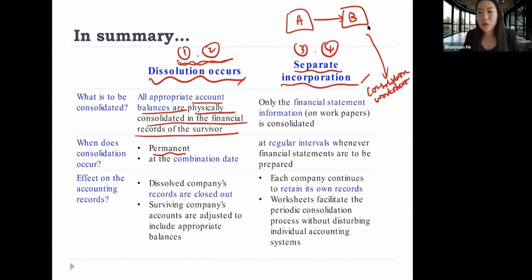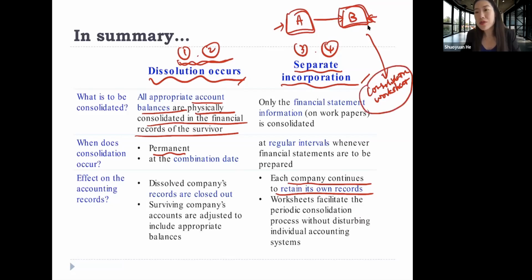So this is what is happening. Each firm, A and B, continues to retain its own record. A just keeps doing its own book and B keeps doing its own book after the business combination as if nothing happened. But at the end of the financial reporting period, both A and B need to take their books and do consolidation on a consolidation worksheet.